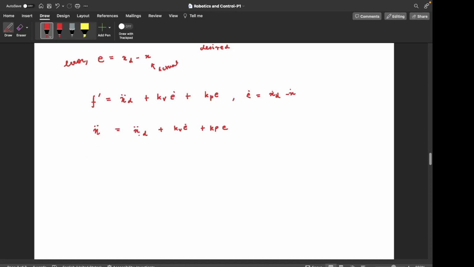And again, if we bring x double dot to the right hand side, what will we get? We will get e double dot plus kv e dot plus kp e is equal to 0.